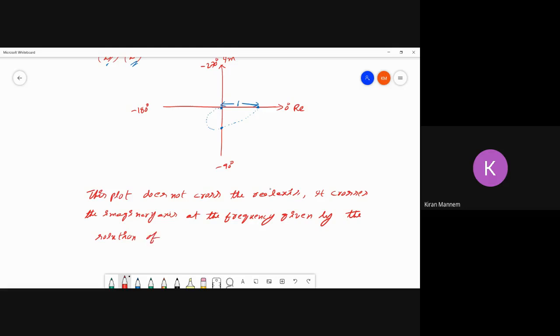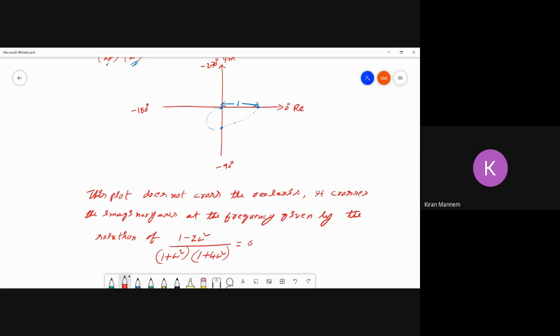So what's the term? On the imaginary axis, what happens? Your real value would be 0. So what's the real value? The real value will be (1 minus 2 omega square) by (1 plus omega square) into (1 plus 4 omega square), right?